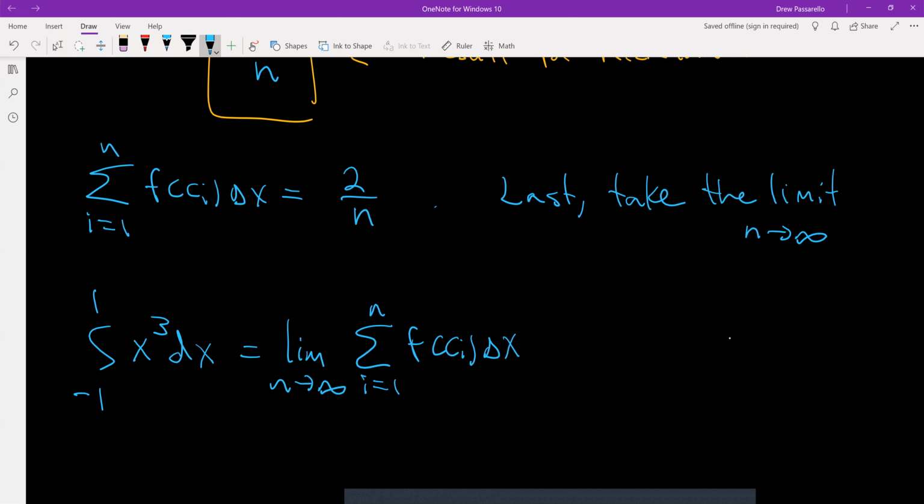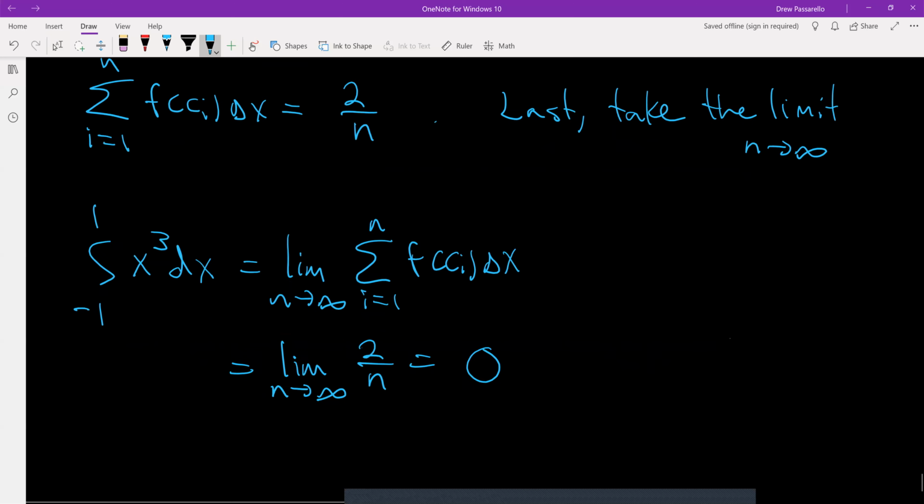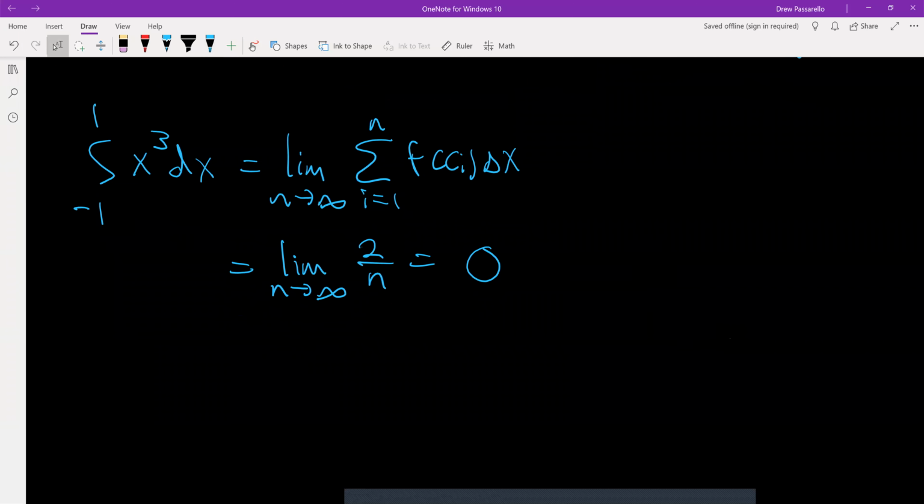We got the Riemann sum to be 2 over n. So this is equal to the limit as n goes to infinity of 2 over n. Well, since n is going to infinity, 2 over n goes to 0. So our answer for the definite integral is 0.